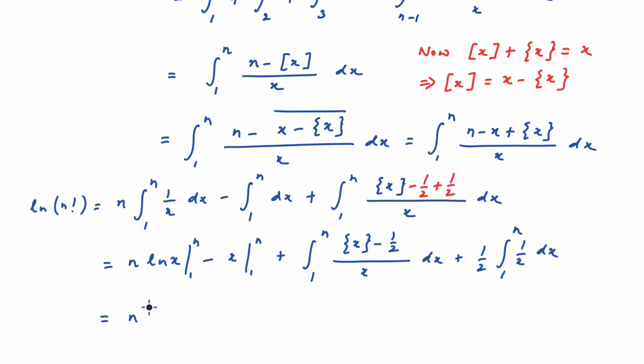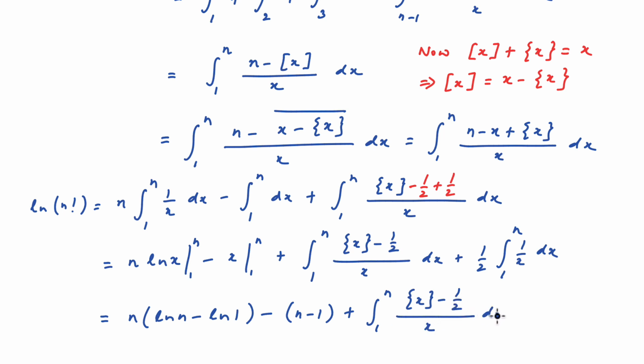This is equal to n times, in brackets, ln n minus ln 1, minus, in brackets, n minus 1, plus integral 1 to n, fractional part of x minus half upon x dx, plus half of ln x between the limits 1 and n.